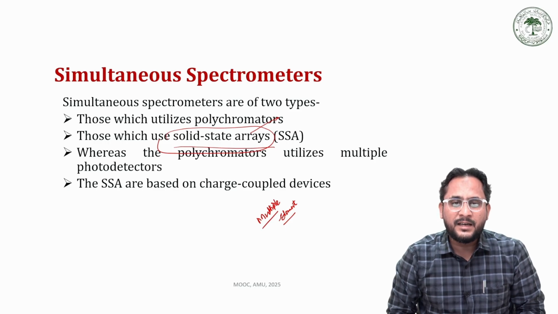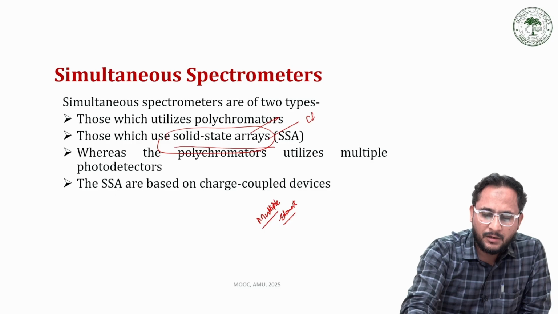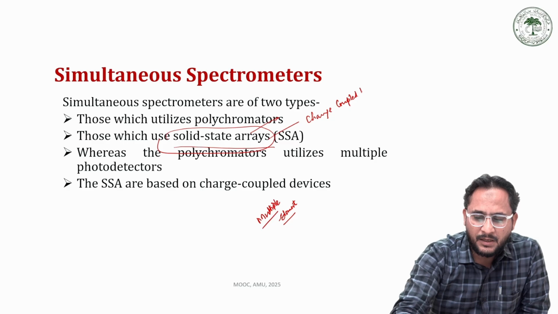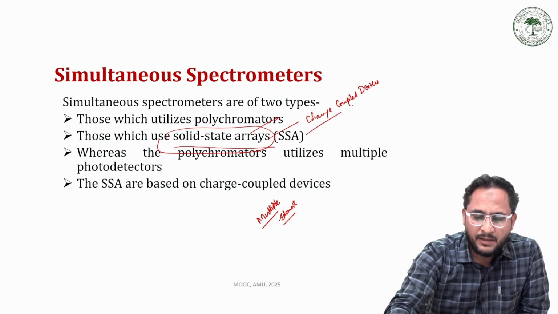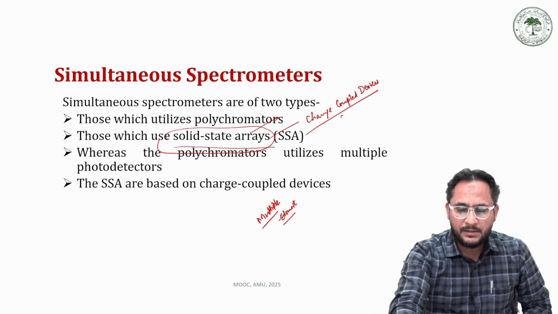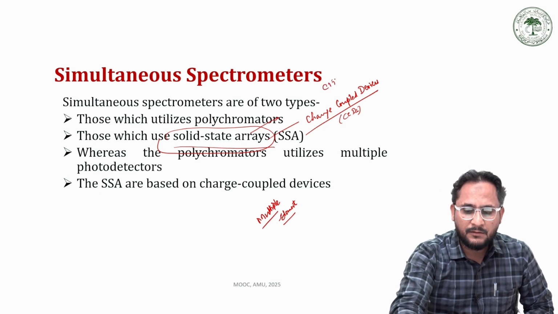These solid state array detectors basically work on charge coupled devices. There are multiple types of solid state detectors. We may have solid state detectors that work on charge coupled devices, CCD, and we also have solid state array detectors that work on charge injection devices.